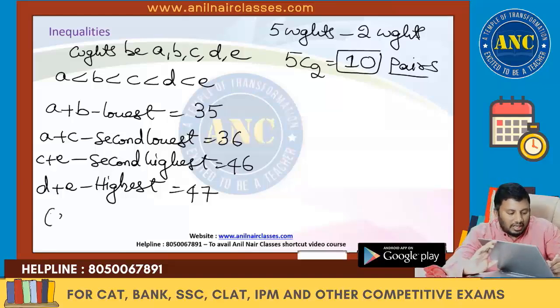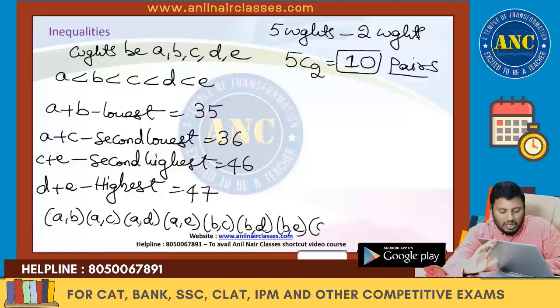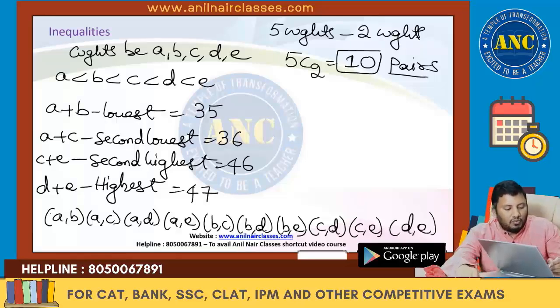What are the 10? A with B, A with C, A with D, A with E, B with C, B with D, B with E, C with D, C with E, and D with E. These are the pairs. 1, 2, 3, 4, 5, 6, 7, 8, 9, 10.